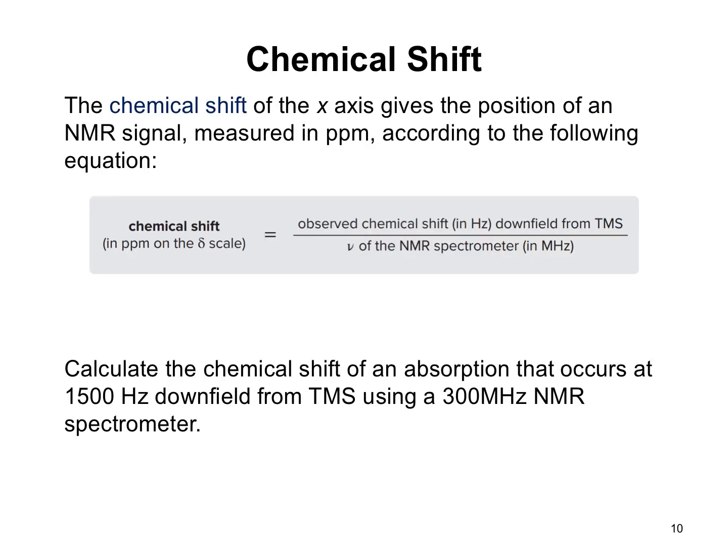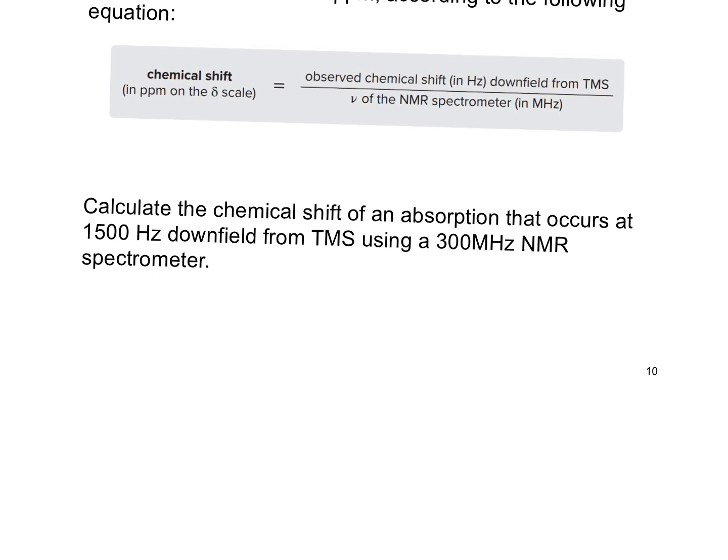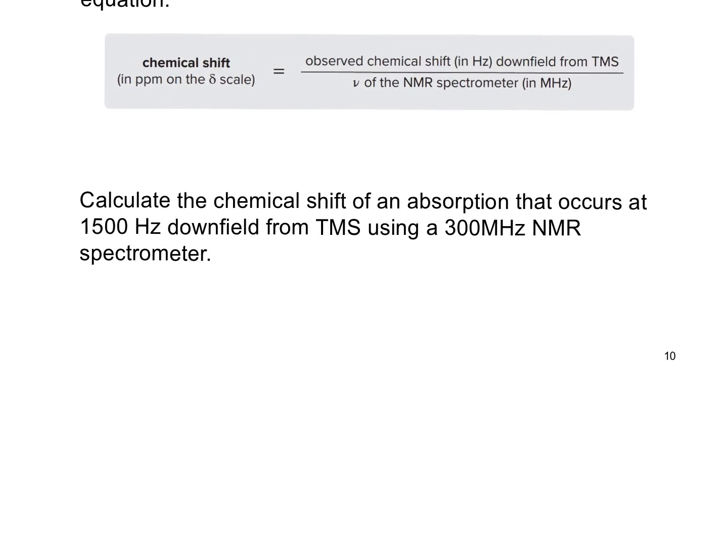Now, I want to talk about the chemical shift for a second. The chemical shift gives us the position of the NMR signal. I've already mentioned it's measured in parts per million, and this is how you can calculate it. You take the observed chemical shift in hertz downfield from tetramethylsilane over the frequency of the NMR spectrometer. For example, let's say we need to calculate the chemical shift of the absorption that occurs at 1500 hertz downfield from TMS using a 300 megahertz NMR spectrometer.